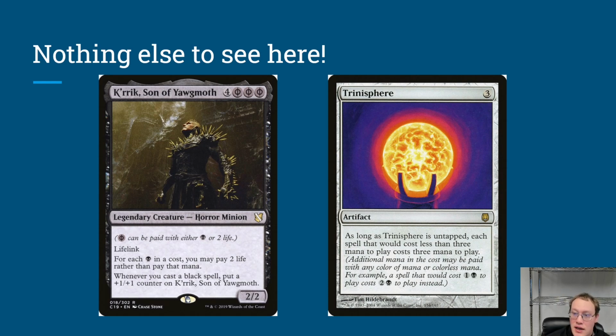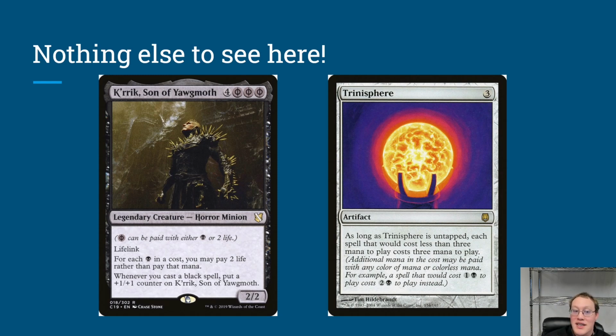You can see that what Kirk says is for each black in a cost, you can pay 2 life rather than paying that mana. And that is worded the same way as Delve, Convoke, and Improvise are, which means that what you're actually doing is looking at this cost, and instead of doing the normal thing I do in order to pay that cost, we've got some extra options here that this ability is helping us out with.